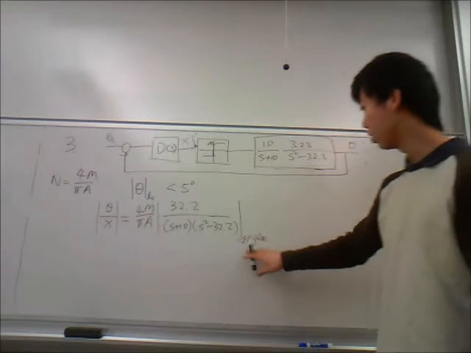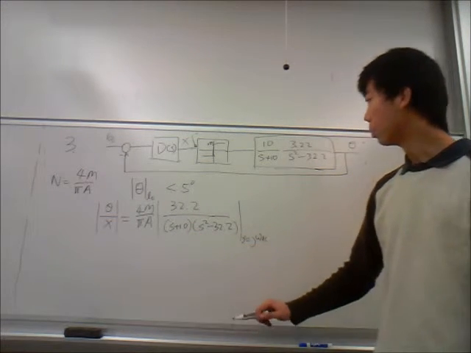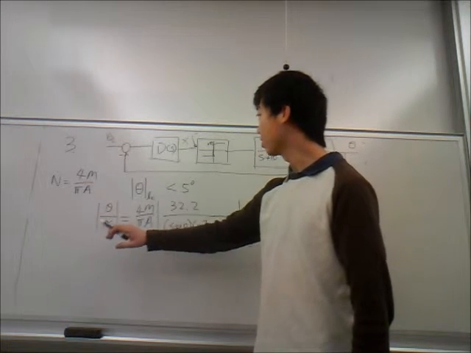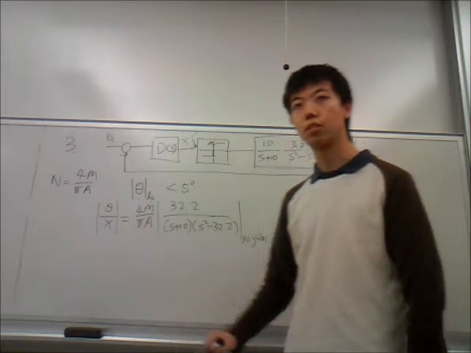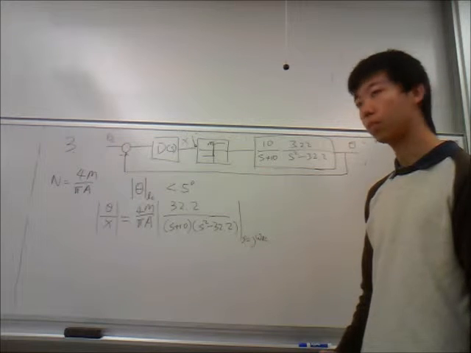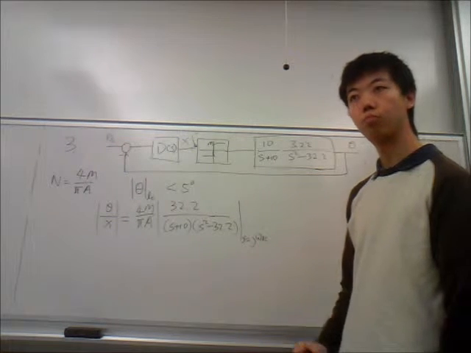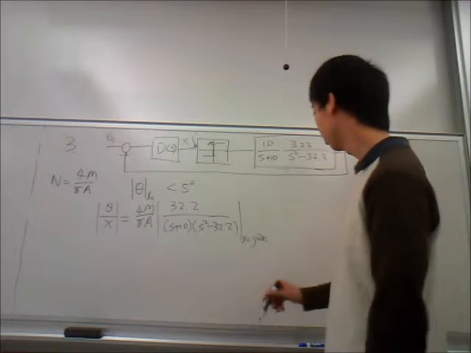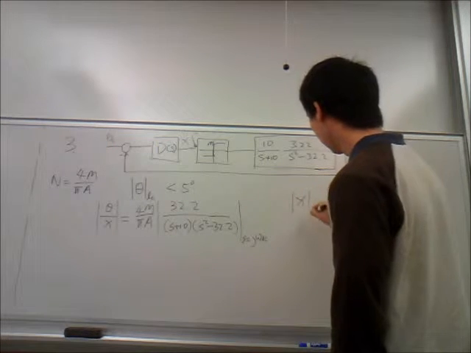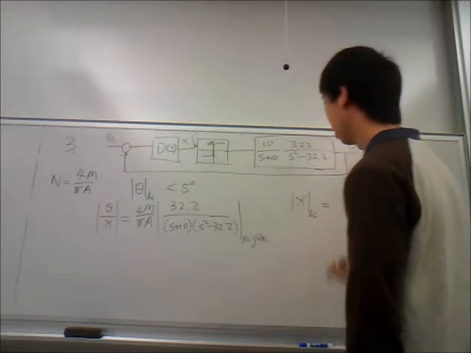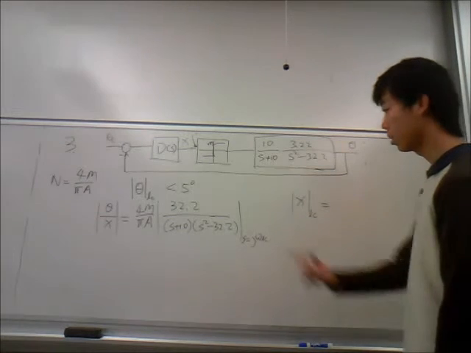So you just sub this in. Oh, that's right. What is x? The magnitude of x when we're in the limit cycle. That's just A, right?